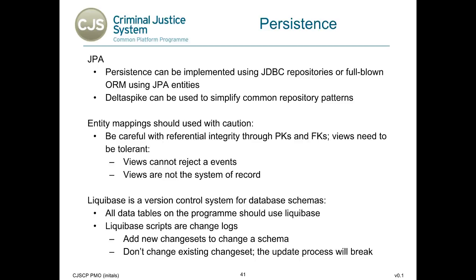We should never change an existing change set because if we do, when you try to apply that change log to production, for example, then it just won't work, it will stop. So if you want to add a column to a table that already exists, you don't go back and change the create table statement in the Liquibase change log. You add a new change set that says add a column to this table instead.